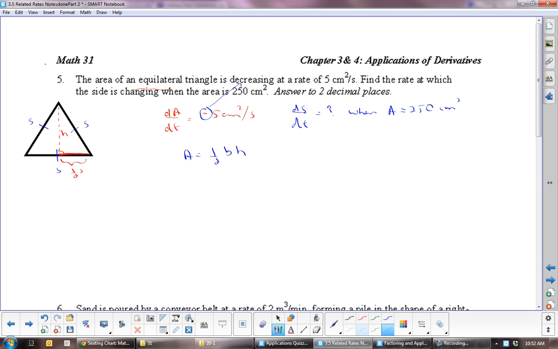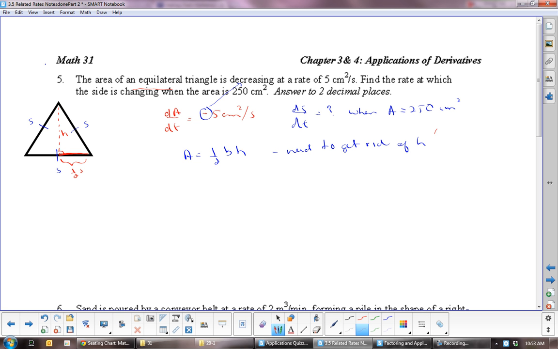We got to get rid of H. Now, most of you would do the derivative and go, wow, okay, I got too many rates, I do not know. And then you'll back up and then you'll try to get rid of it. That's okay. That's how you get through these. So we need to get rid of H.